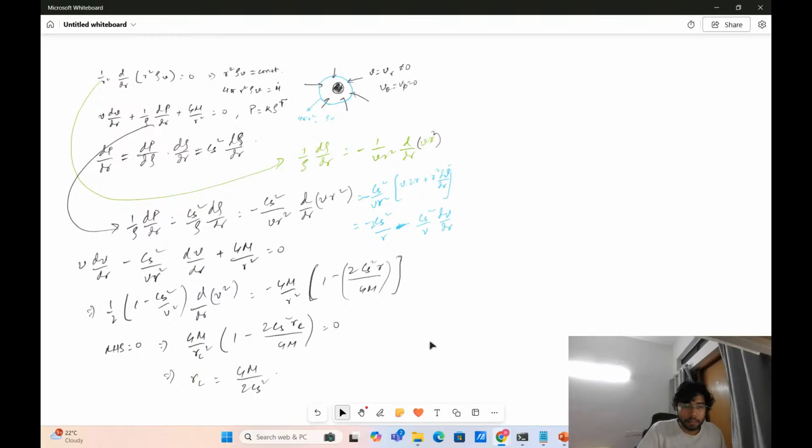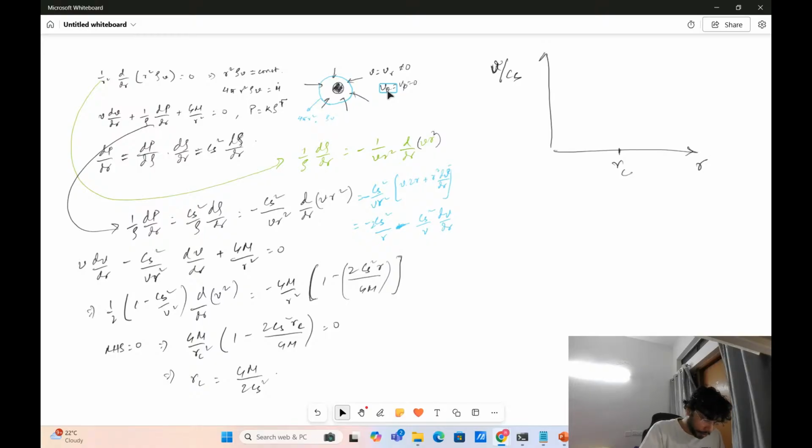Now, okay, what has been seen? So this critical radius is some finite radius, right? So it is at some finite value. Let's say I plot the velocity versus Cs, and this is the radial direction, and this is, let's say, your critical radius, right? So the matter will fall into the black hole.